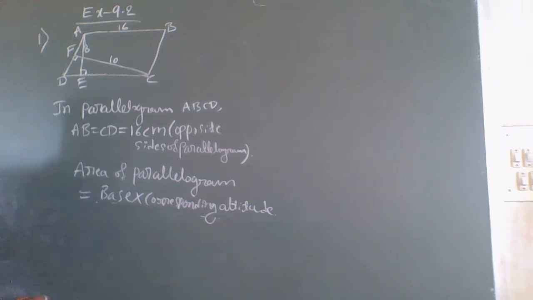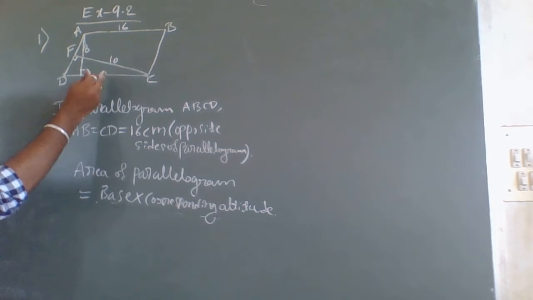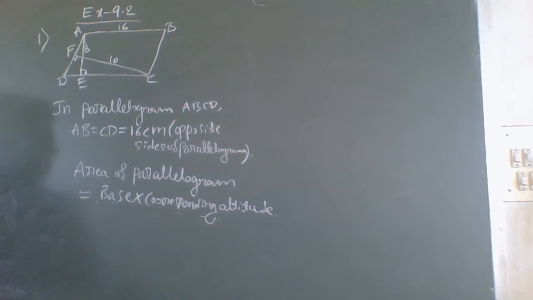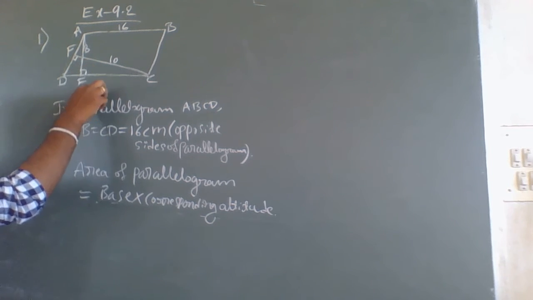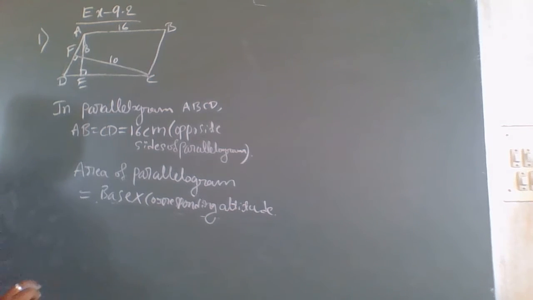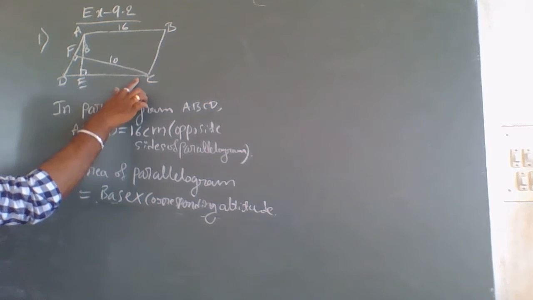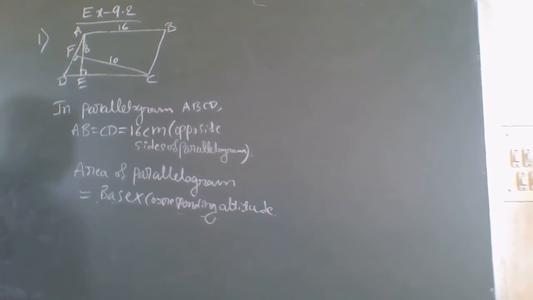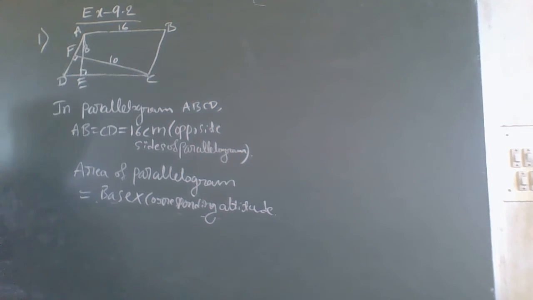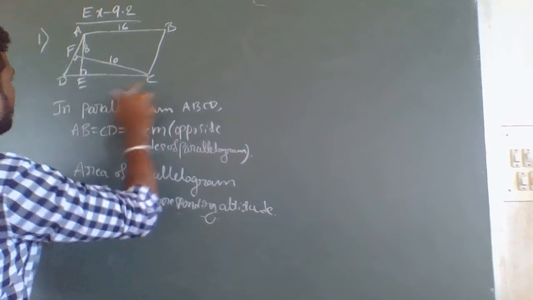Okay, so here if we use any of these base and altitude, we should get same area only, because these are bases and altitudes of same parallelogram. This CD and AD are sides of the same parallelogram, and this CF and AE are altitudes of the same parallelogram ABCD.